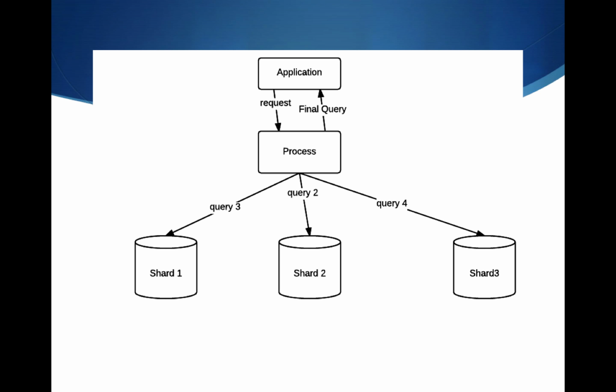Imagine there is a customer, and the customer has a long history of 10 to 30 years, and he wants to retrieve all the records. Initially the application will put a request for the query, and query 3 will request some records from SAT1, query 2 will request some records from SAT2, and query 4 will request some records from SAT3, and when the final query is formed, it will aggregate all the results and give them to the users.